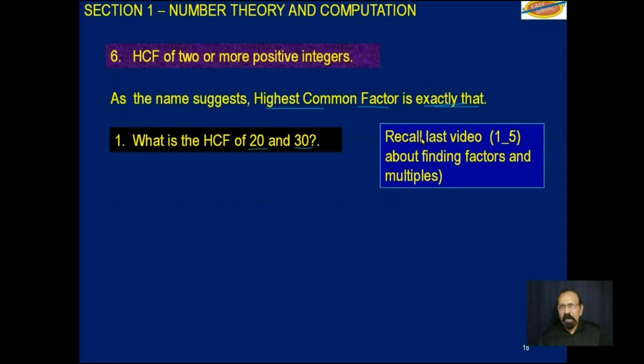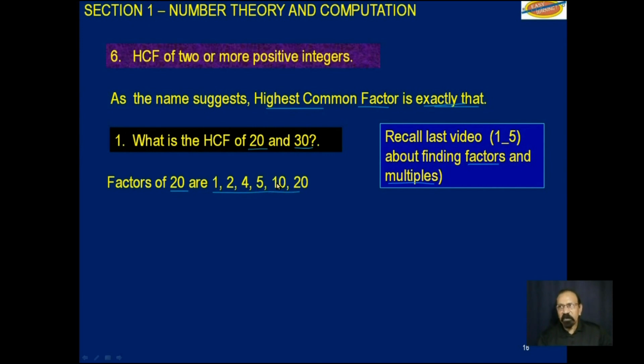Now recall from the last video, we were finding factors and multiples. In LCM, we were dealing with multiples. Now we are dealing with factors. So the factors of 20 are all of these. Those are the factors of 20.